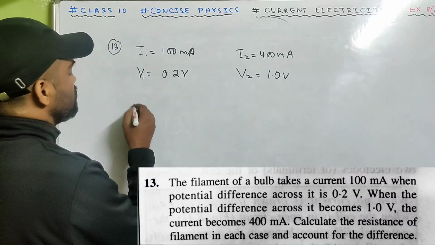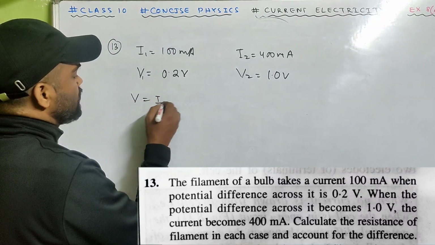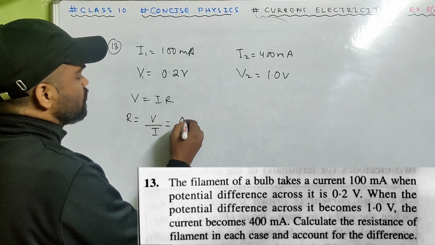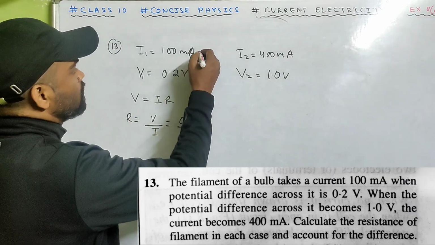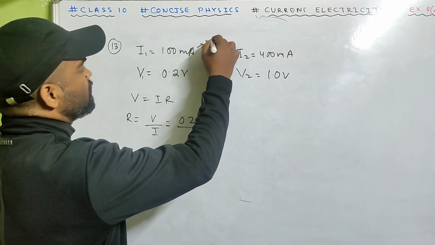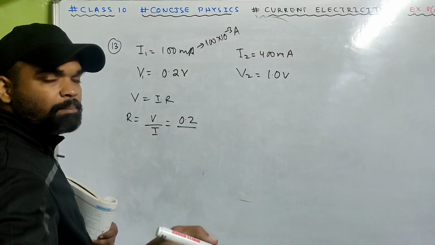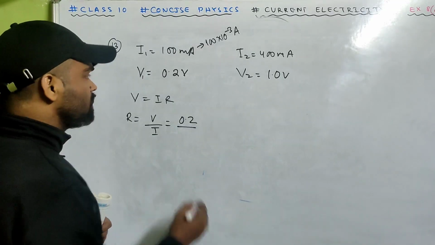First of all, over here we know V equals IR. So R equals V by I. V is 0.2. I is what? Now change this to ampere. So 100 into 10 to the power minus 3 ampere. Milliampere to ampere, you multiply by 10 to the power minus 3.